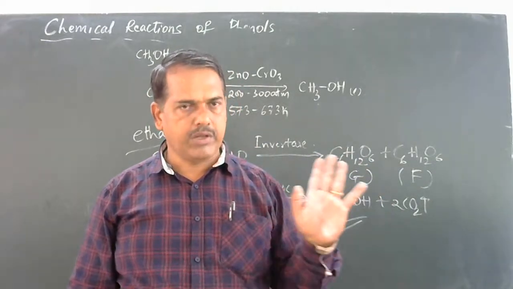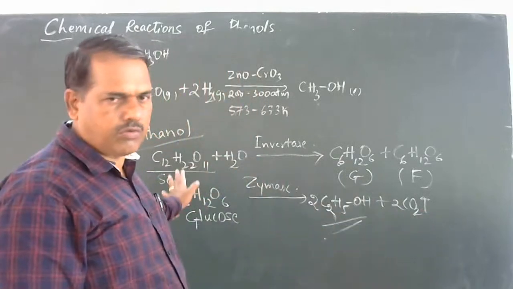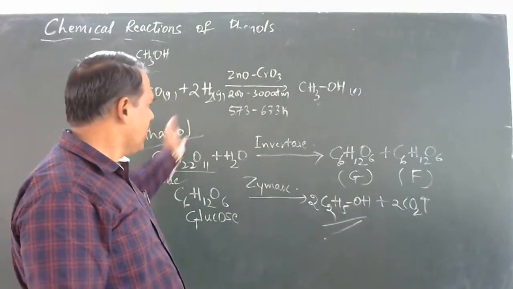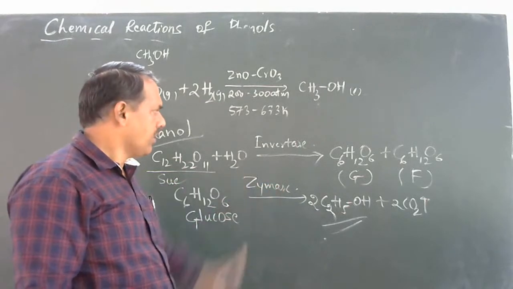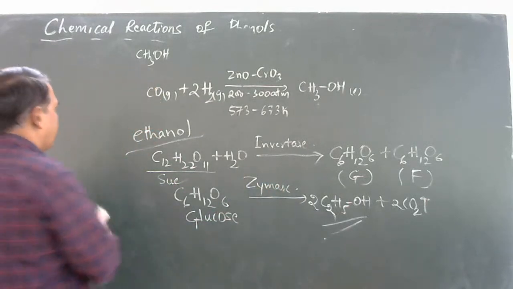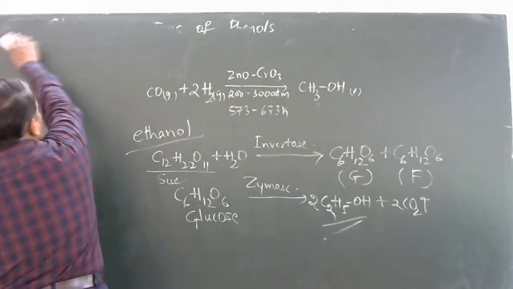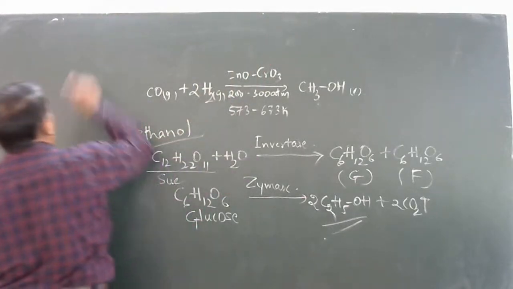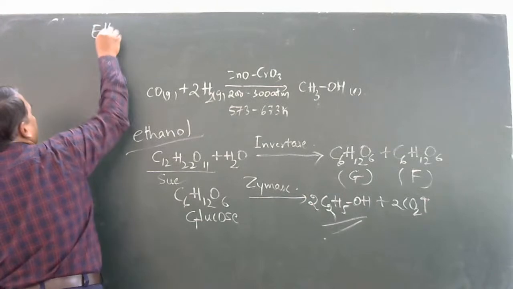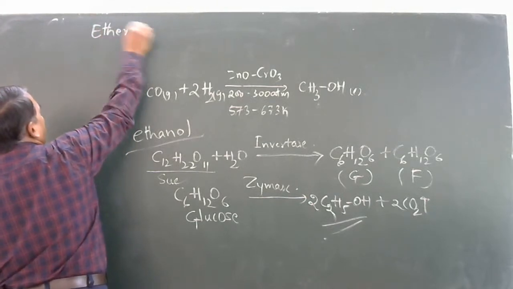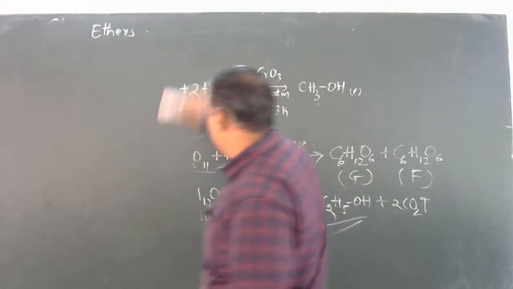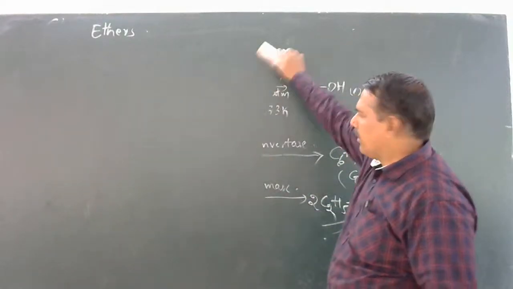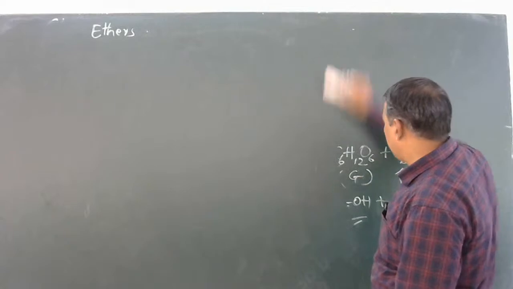Ethanol is prepared from sucrose, and an enzyme catalyst is involved. Fermentation takes place. Very easy reaction. Then we shall study about ethers, the last part. Only some basic things, and one class is required to complete alcohols, phenols, and ethers.